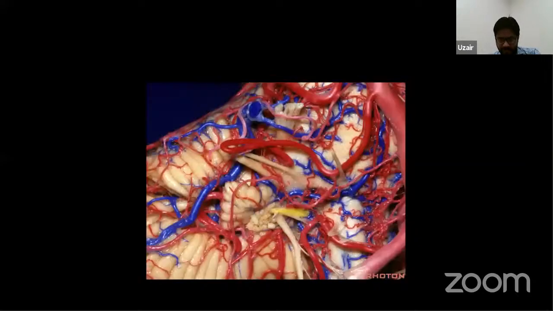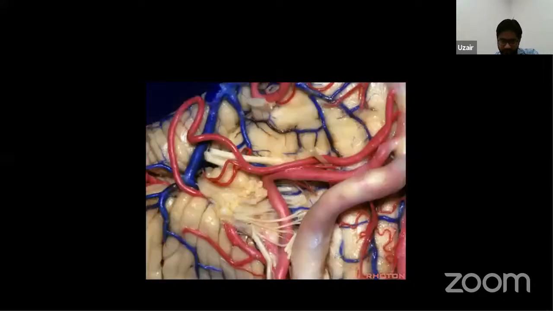So this is arising from some part of the vertebral artery. It has 3 different components: tonsillomedullary. So this is originating from here. The next slide shows it better with the vessel. Yes, I'm going to show a zoom-in version of this slide.